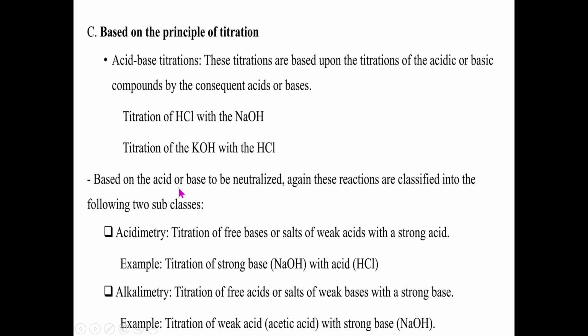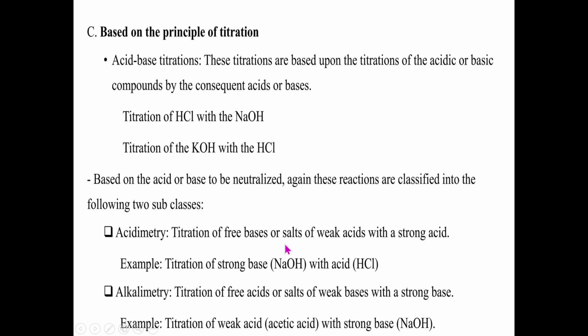Based on the acid or base to be neutralized, again these reactions are classified into two subtypes, acidimetry and alkalimetry. Whether we are using acid or base for the reaction, the terminologies used are acidimetry and alkalimetry.